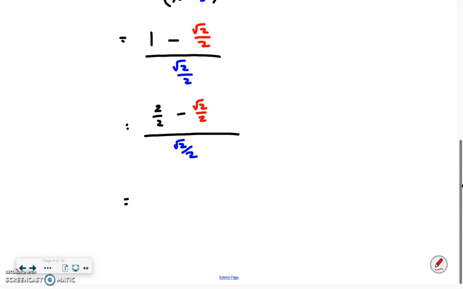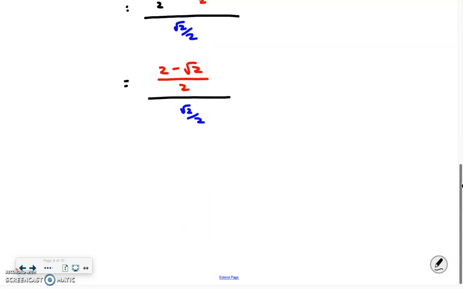So up top in the numerator, if I have 2 over 2 minus root 2 over 2, when I combine those numerators over the common denominator, it's going to start to look something like this. And keep in mind that my actual denominator, root 2 over 2, I haven't touched it yet. So hopefully the color coordinating is making some sense here. But yeah, this is absolutely where we are at, for the time being.